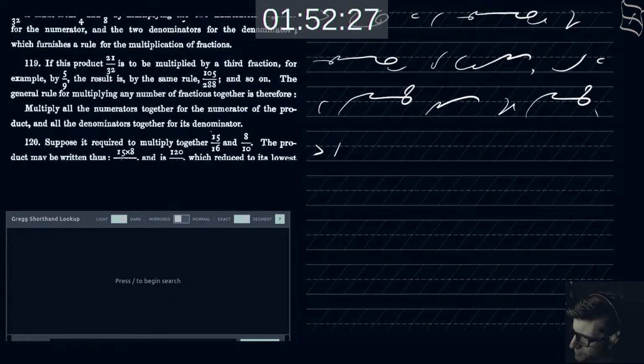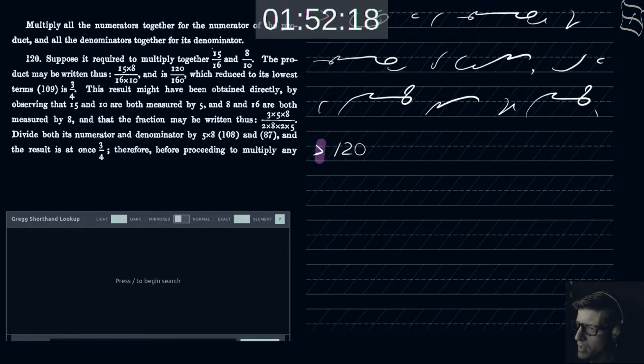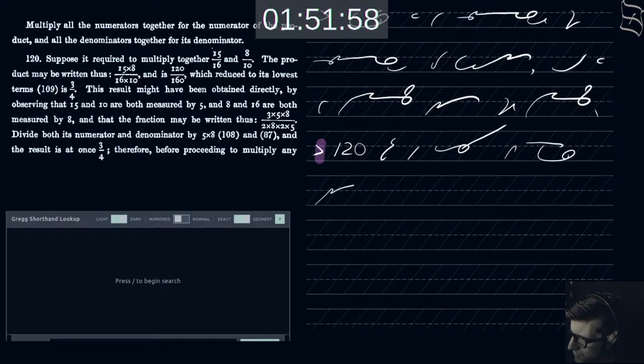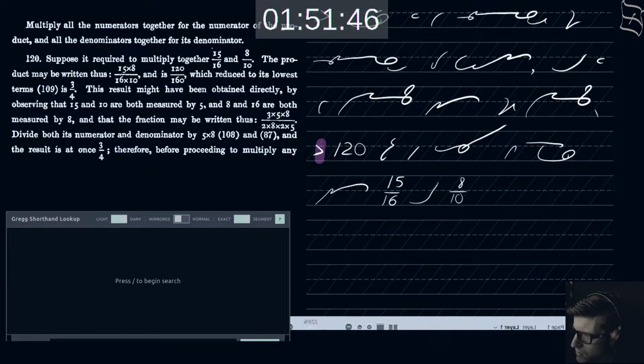120. Suppose it required to multiply together 15 over 16 and 8 over 10.